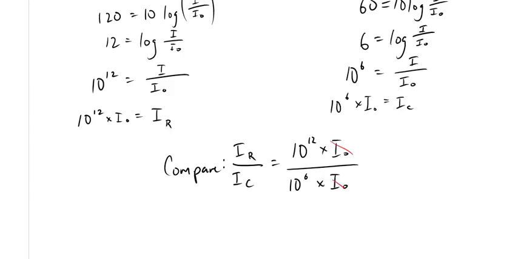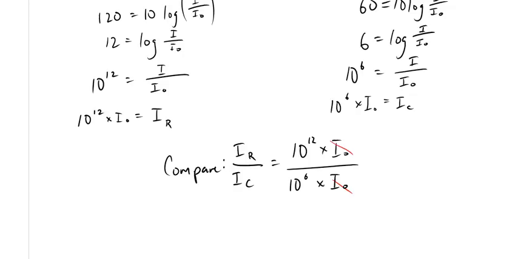So that's a constant that cancels out in this case. And this is what's interesting. The math was pretty simple. The 12 on top obviously came from the 120 decibels. The 6 on the bottom came from the 60 decibels.